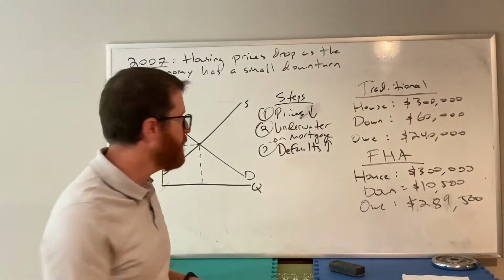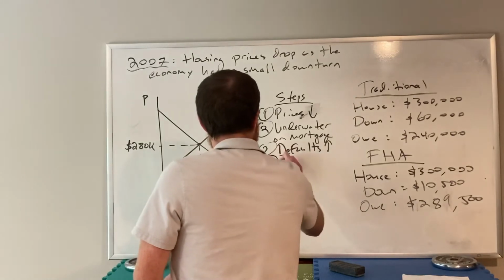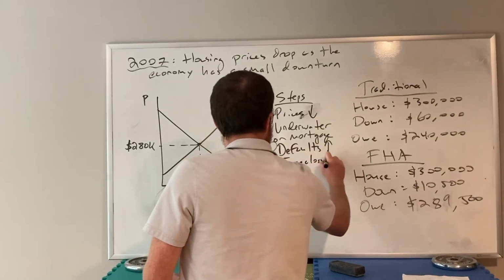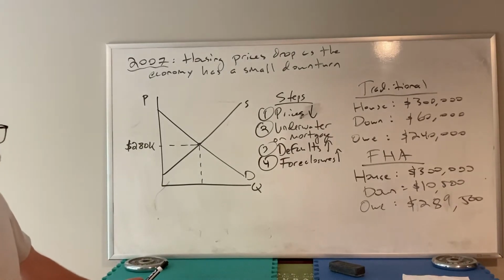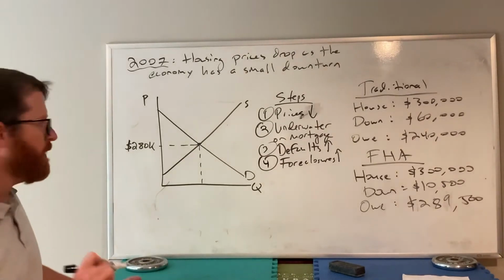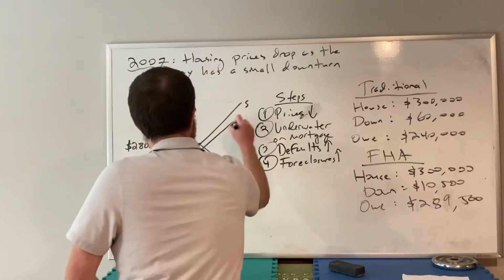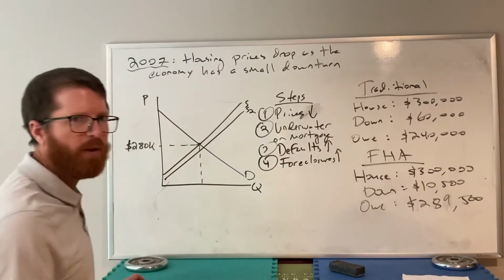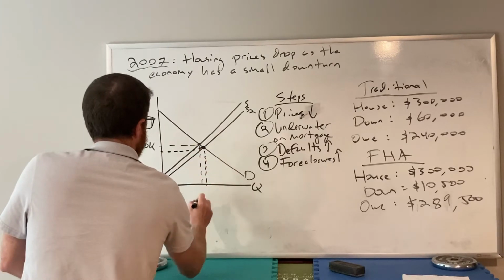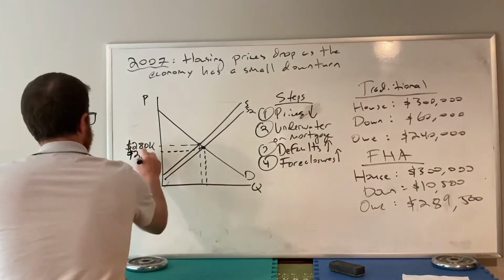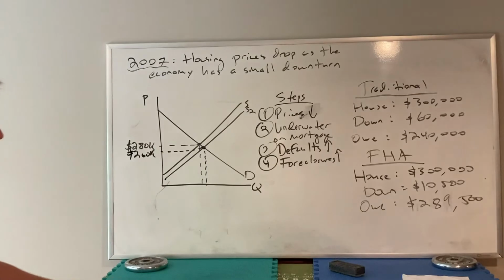Takes that house and it sells it. So we get a foreclosure. And the way I show that on my graph is via an increase in supply. When the bank takes the home, they sell it, increasing the supply in the market, driving down the price.